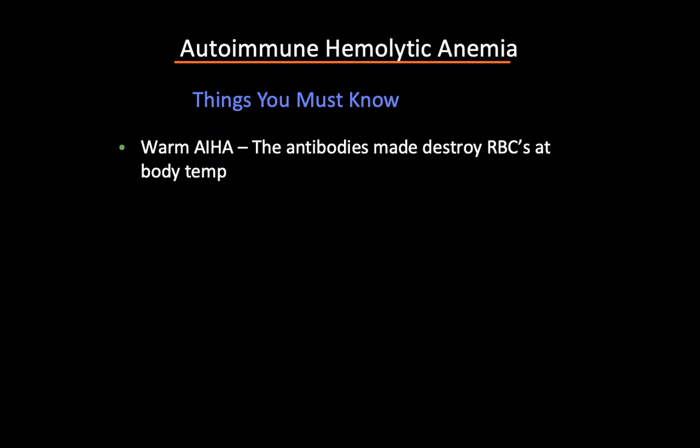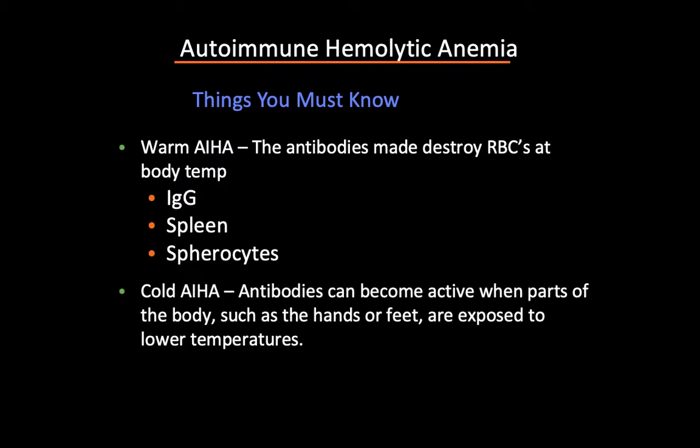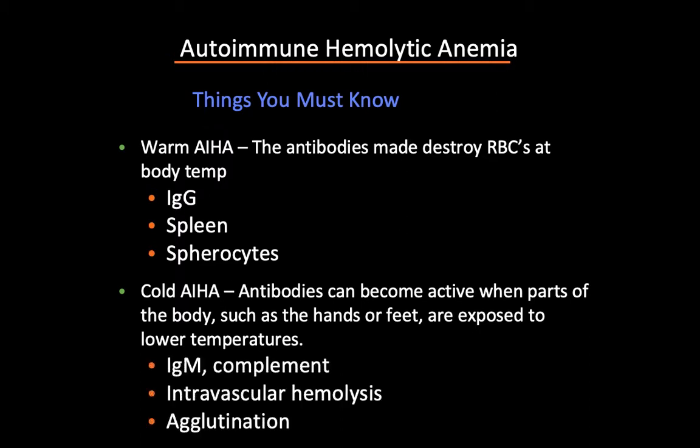And so antibodies are made to destroy red blood cells, and this happens at body temperature. So this is an IgG type of antibody. In cold autoimmune hemolytic anemia, antibodies can become active when parts of the body are exposed to lower temperatures, such as your hands and your feet, and this is usually an IgM or complement type of antibody made.